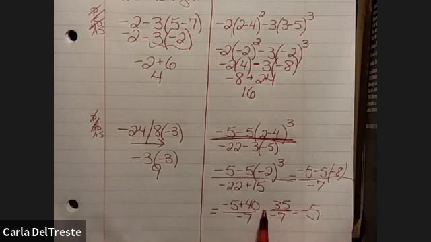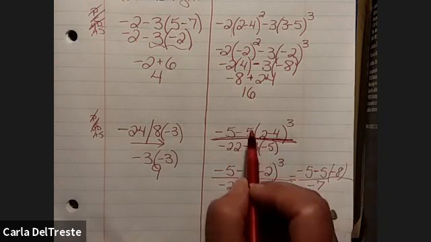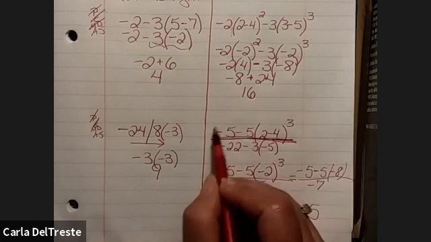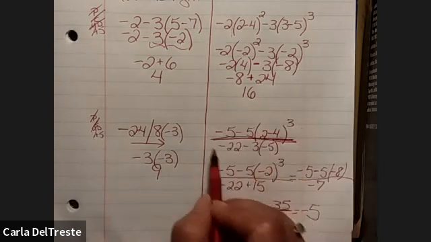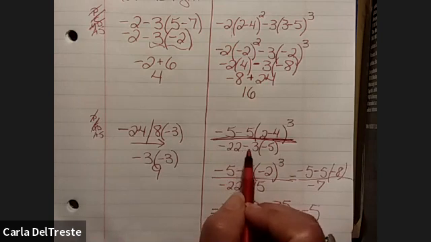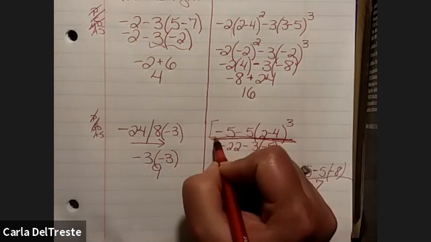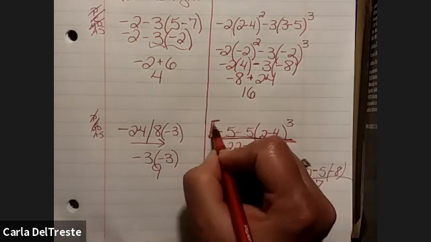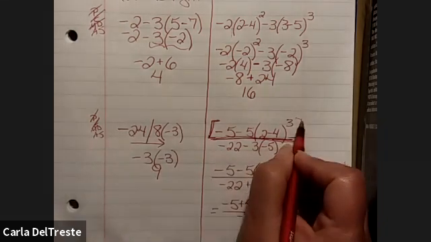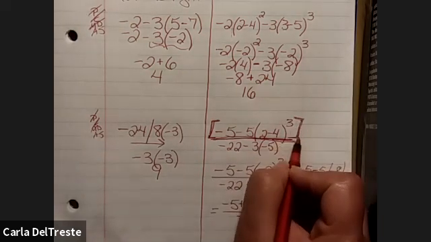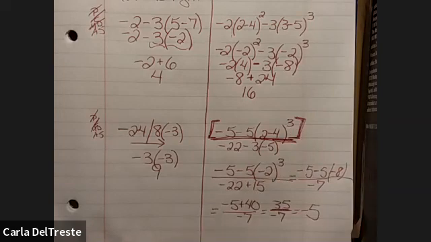Okay, a couple of things here. If you want to plug this into your calculator, I would recommend not plugging it in as this whole big problem, okay? And the reason for that is this numerator is a group by itself. So there's technically another set of parentheses or brackets here.